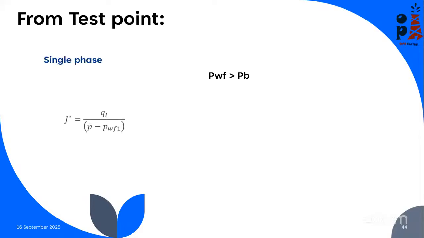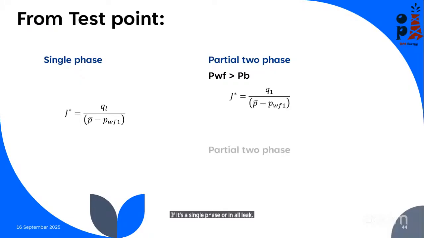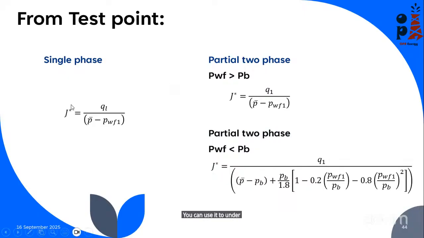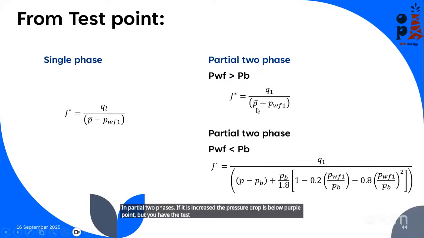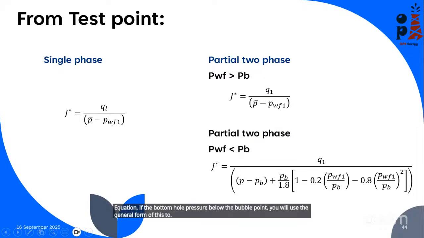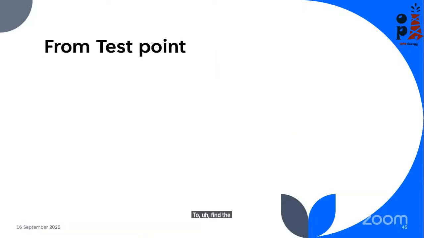From a test point, if it's single phase oil only or partial two phase, you have this. You can use it to calculate the productivity index here in single phase. In partial two phase, if the pressure drop is below the bubble point, but you have the test point above the bubble point, you will use the same equation. If the bottom hole pressure is below the bubble point, you will use the general form of this to find the productivity index.